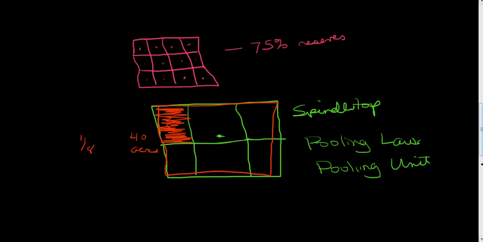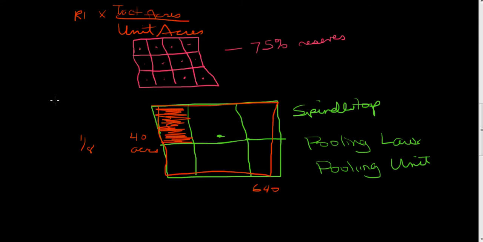The formula is going to be this: royalty interest times the lease acres, or what we call the tract acres, divided by the unit acres. Let's say this is a 640 acre unit.